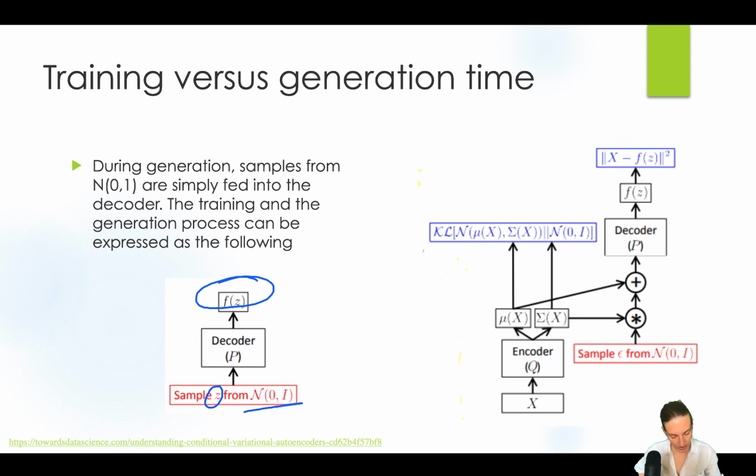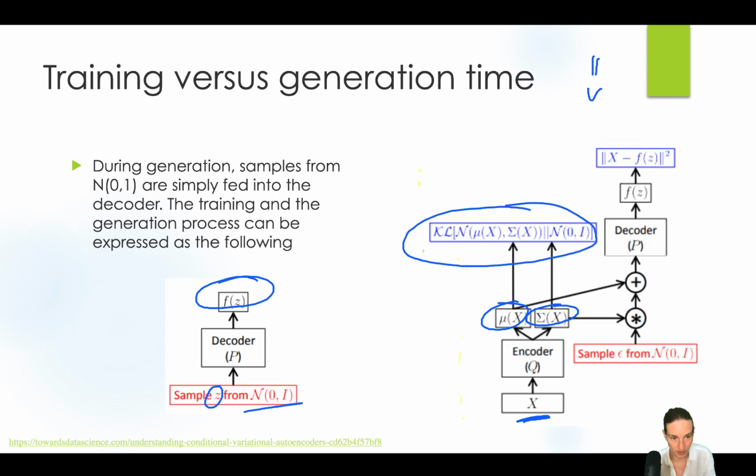In the training phase, things are a little bit more complicated. So we feed it the original image X, it goes through the encoder to get a latent variable which consists of means and sigmas of latent distributions, Gaussian distributions typically, whereby we look at the regularization term in the loss function.